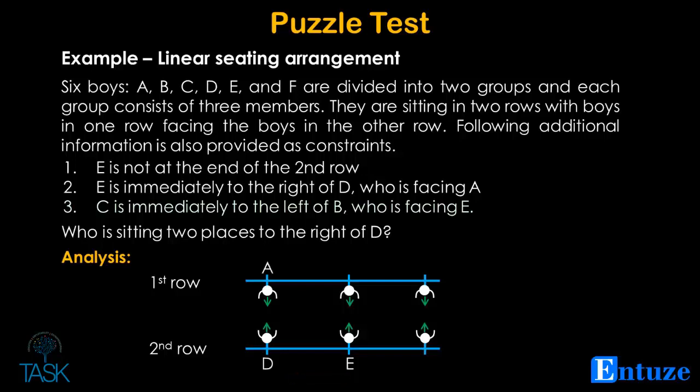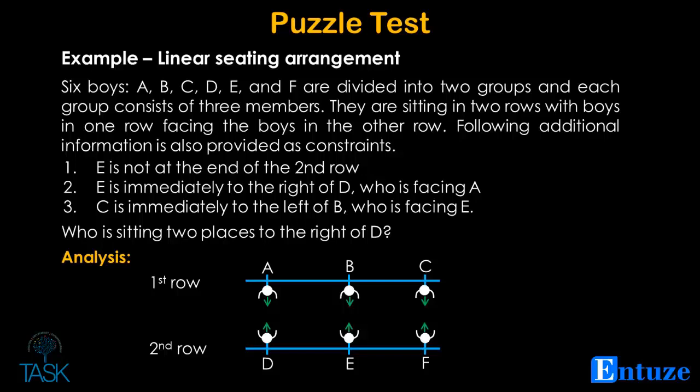The third statement, C is sitting immediately left of B, who is facing E. This implies B is facing E, and on the left side of B is C. Now, only one place is empty, so it must be F. We have considered and carefully analyzed all the points provided in the problem statement and represented it accurately in the diagram.